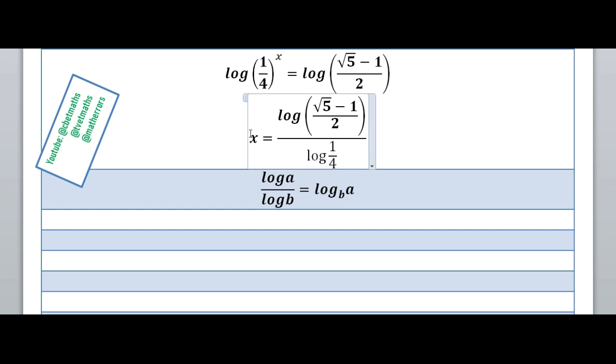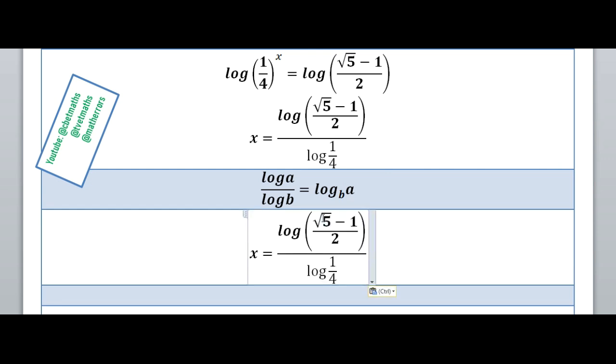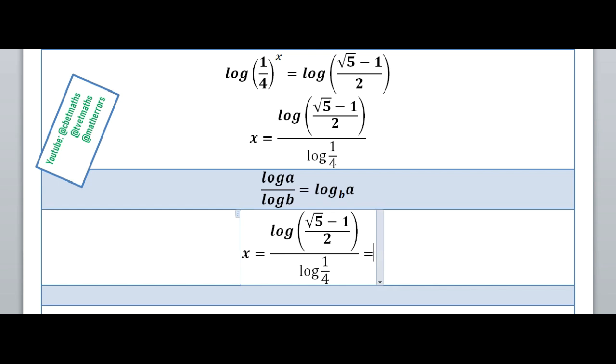So if you look at this our solution here, you can see you have x equal to log root 5 minus 1 over 2 divided by log 1 over 4. That will now be the same as what we had here.